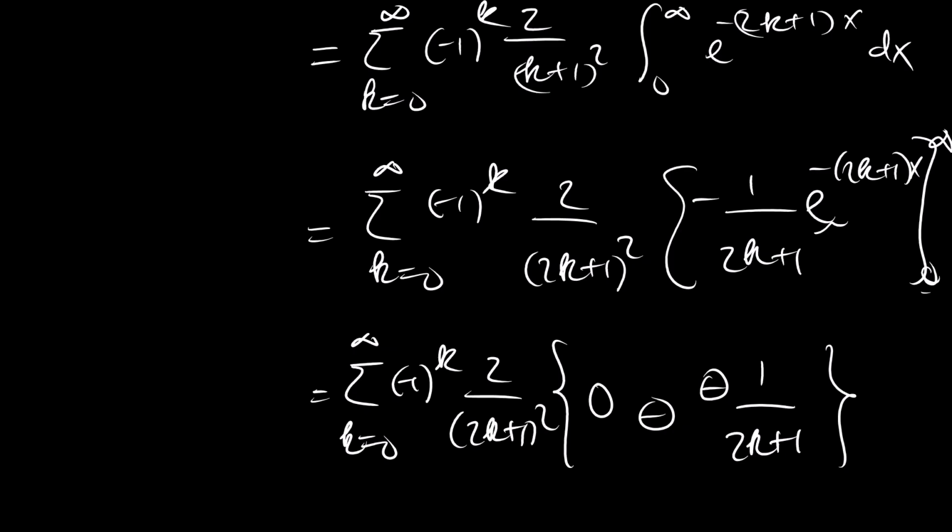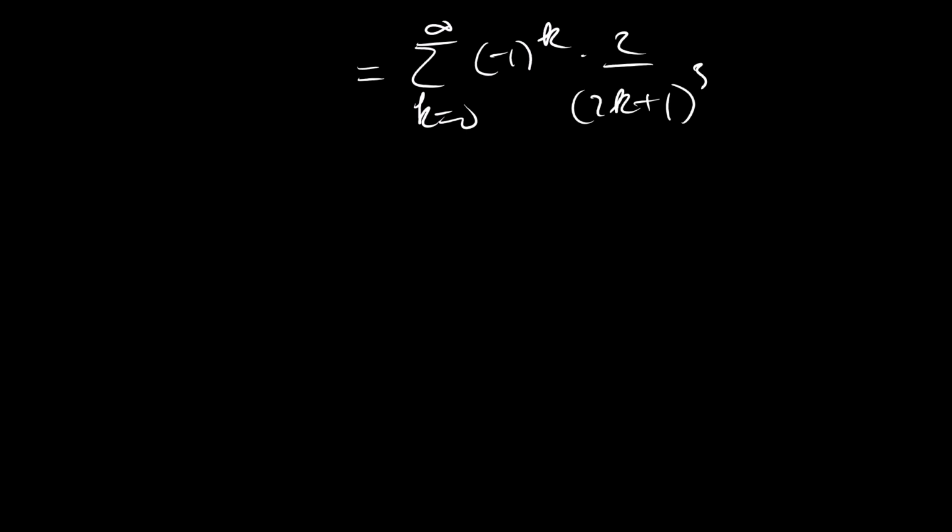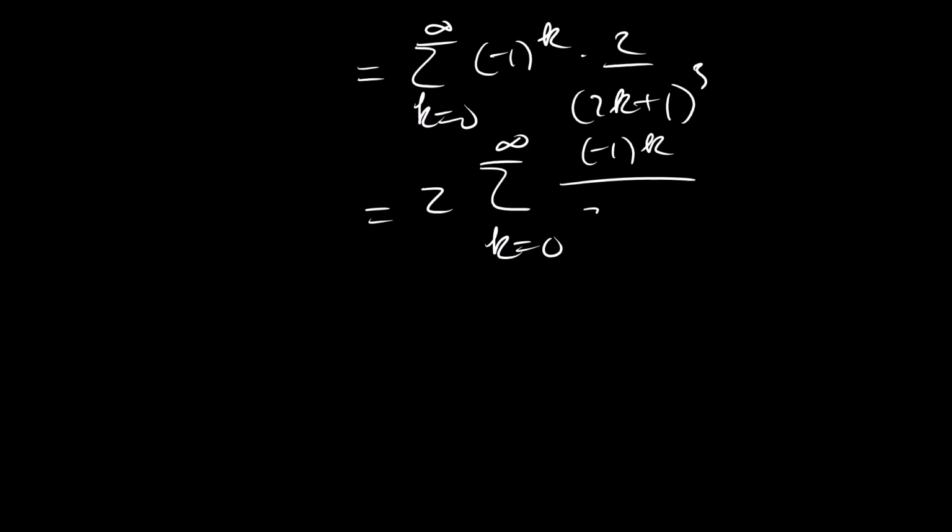This and that interact, we have a plus, so essentially we have the summation from k equals 0 to infinity of negative 1 to the k over 2k plus 1 cubed. So this becomes 2 times the summation over 2k plus 1 cubed.